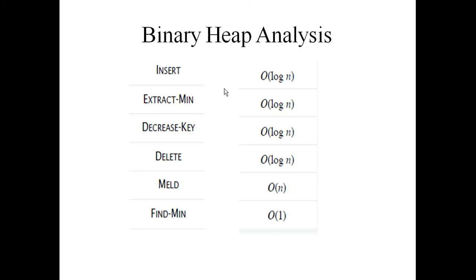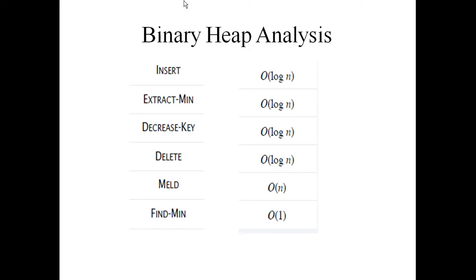Now we are going to look into the analysis or the complexity of each of these operations. Let us consider these operations one by one. In the first case, insert, we are creating one node and adding it at the end, and then we go on performing the exchange operations until the heap property is restored.